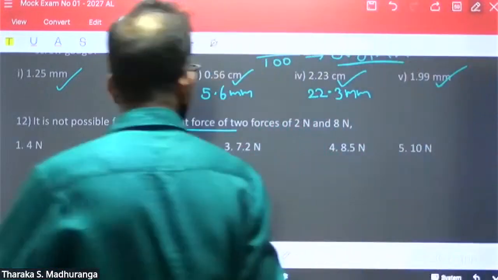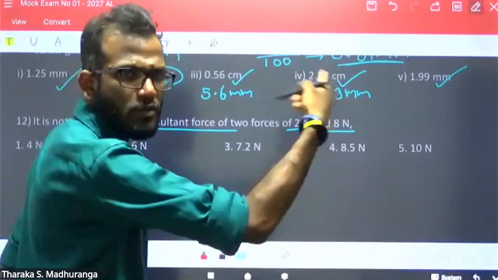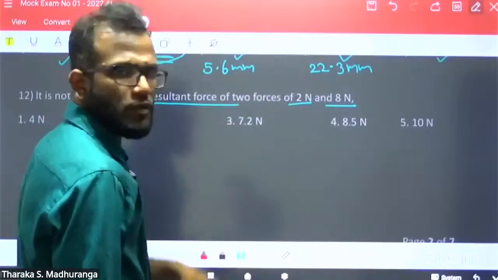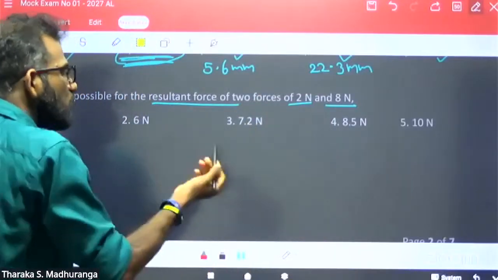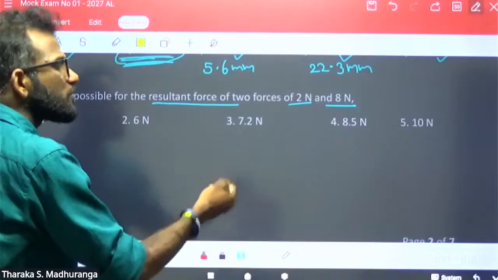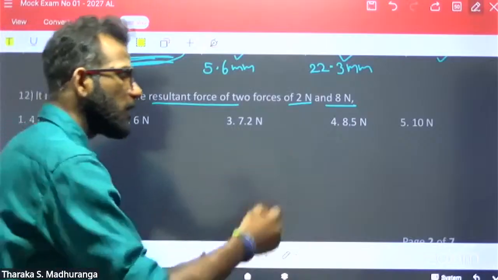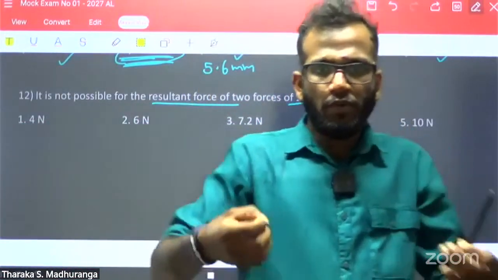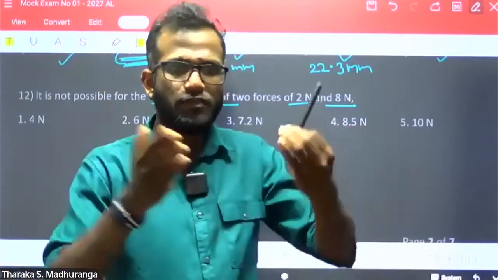I told you, there are two forces given, and in the tutorial class also we discussed. Two forces given, but we don't know in which directions they act. We don't know if they act along the same direction, opposite direction, or perpendicular directions with different angles.